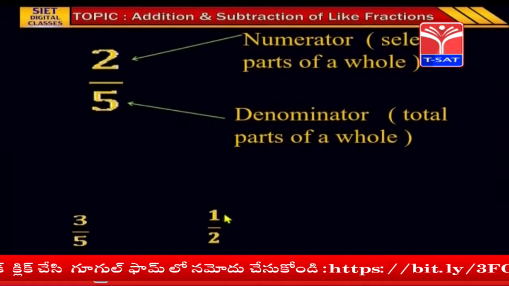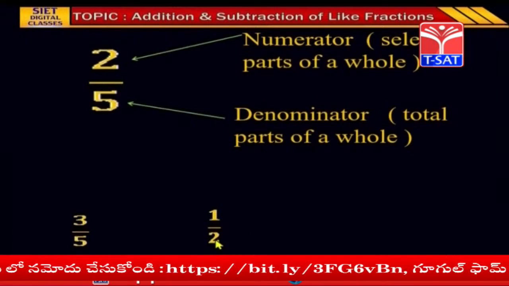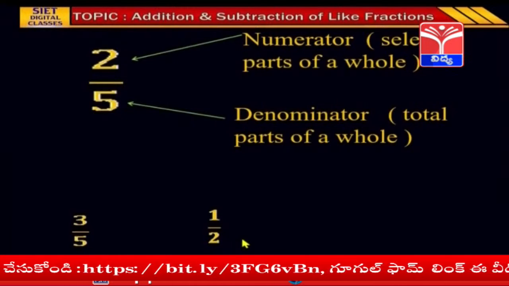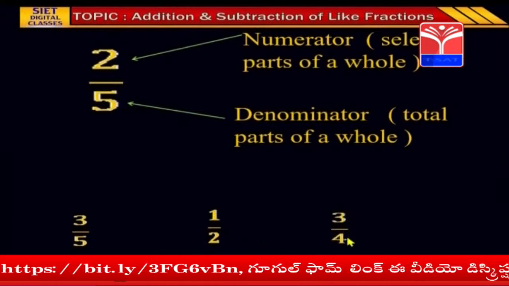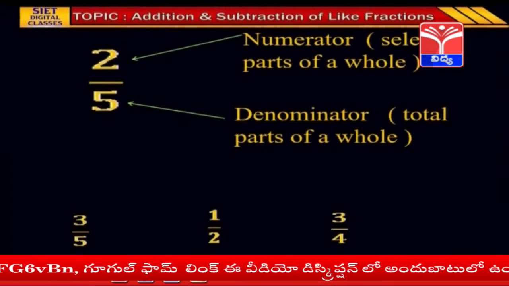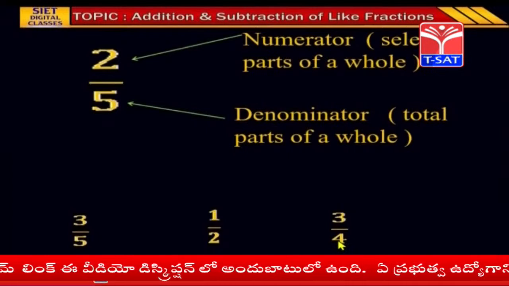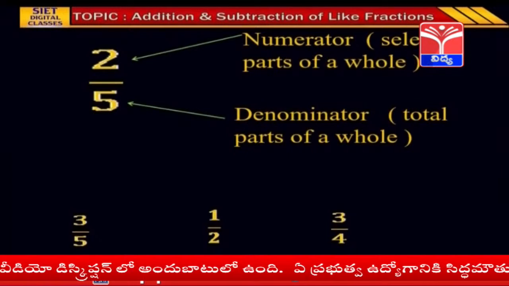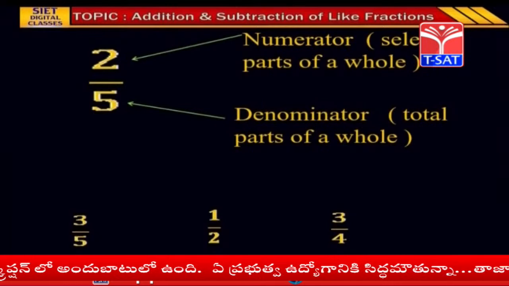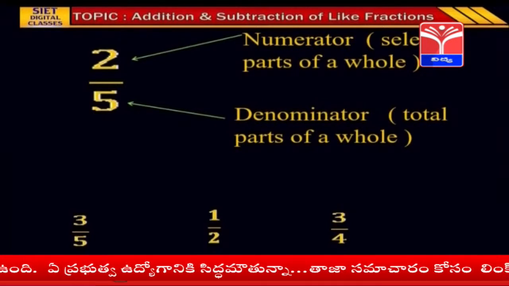Numerator means selected part of a whole, and here denominator 2 is total parts of a whole. And here 3 by 4 also there. Here 3 is numerator, that means selected parts of whole, and here 4 is denominator, that represents total parts of a whole. So each fraction has numerator and denominator, remember it.